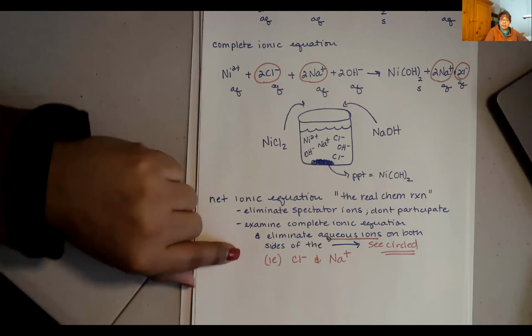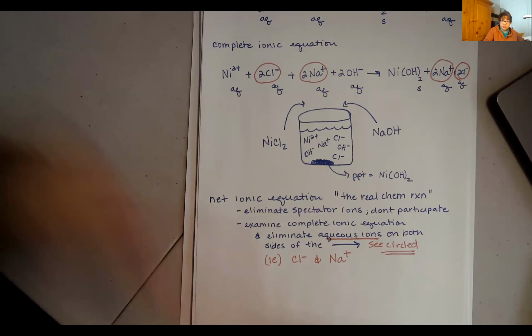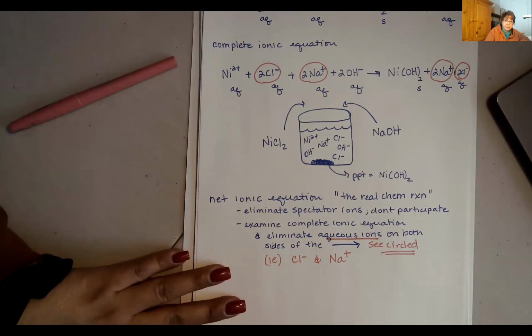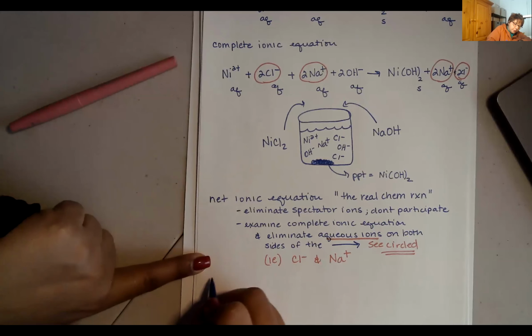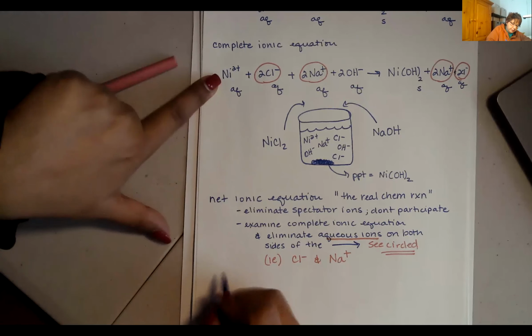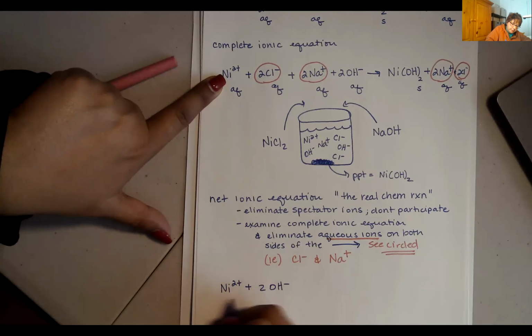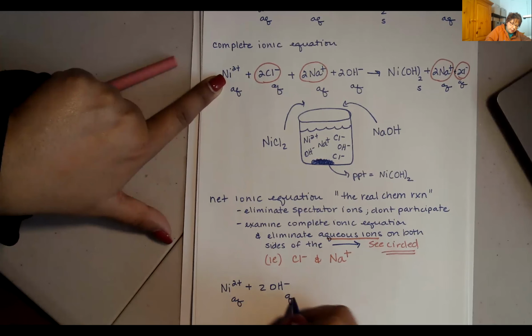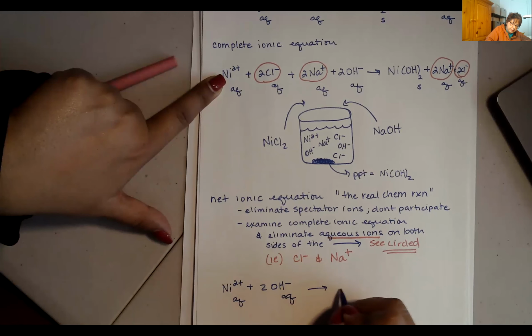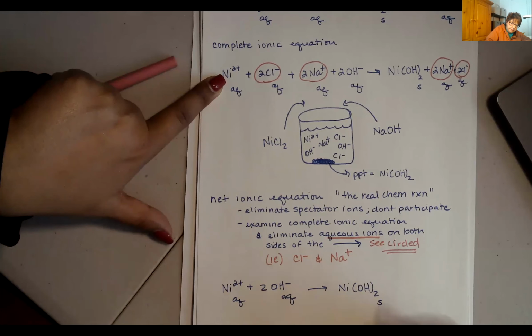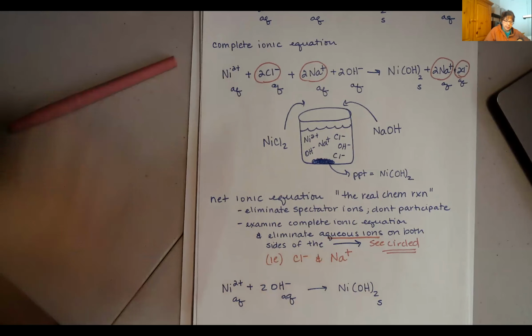After you've identified the spectators, then rewrite what's left. You rewrite what's left, and this is your net ionic equation.